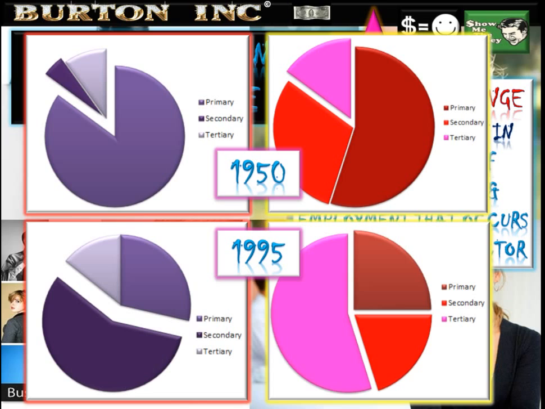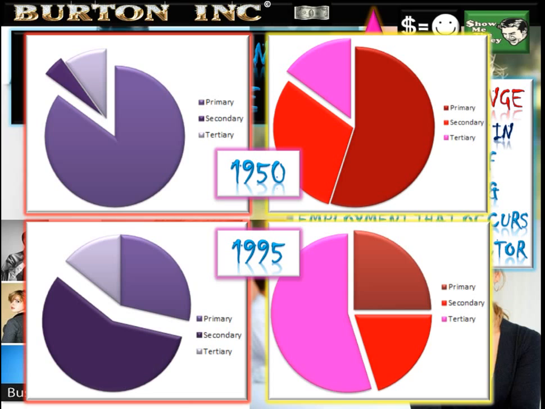Those factories on the east coast, in Guangdong especially, accounting for the greatest proportion of economic activity in China. Primary, still important, still a lot of farming, mining, and fishing that's going on, but far less a proportion of economic activity. That change has occurred within 45 years.